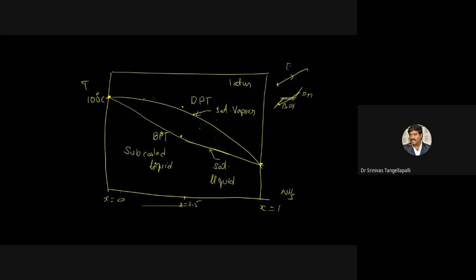Now between the bubble point temperature and dew point temperature, what are we calling this? This is liquid plus vapor. Above the saturated vapor, this is called superheated vapor.